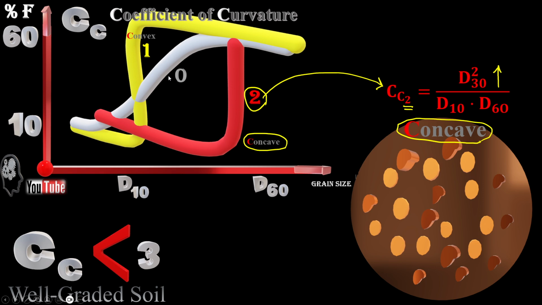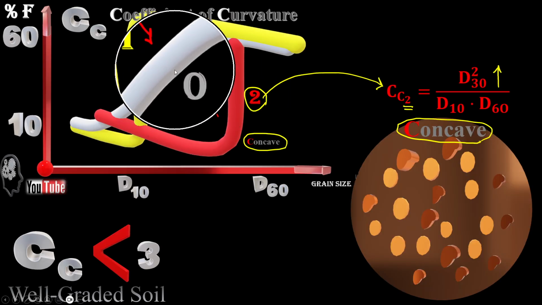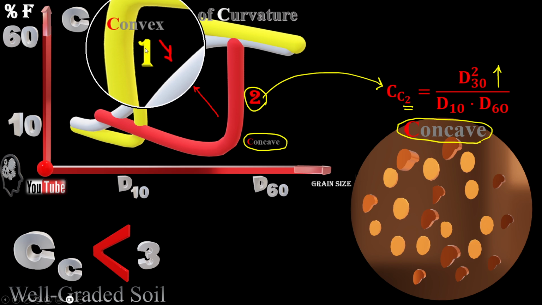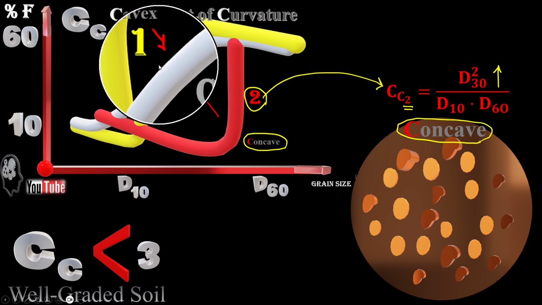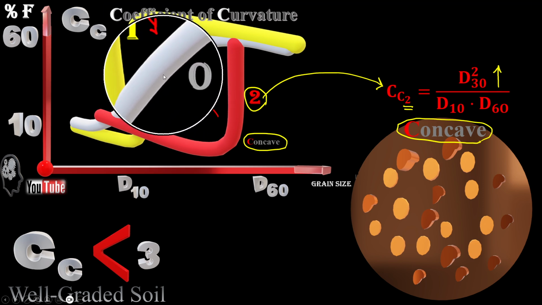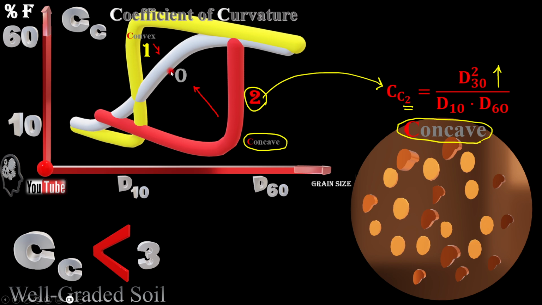We need to avoid having case two and case one by moving the second graph toward the original one, and also moving the convex one toward the original one as well. That's why we need a C sub C, or coefficient of curvature, less than 3.